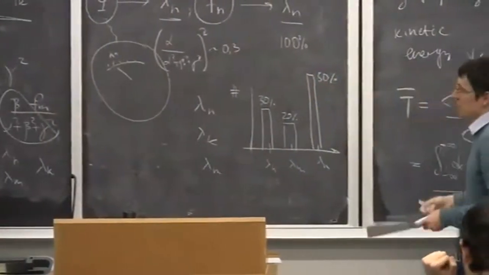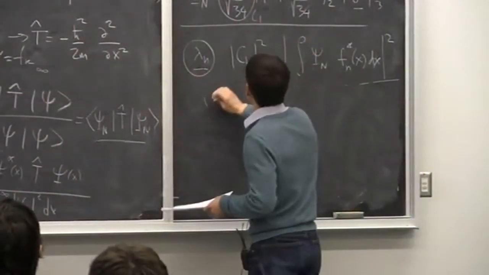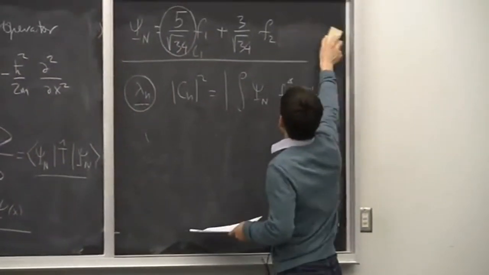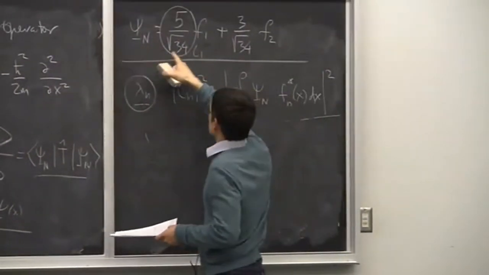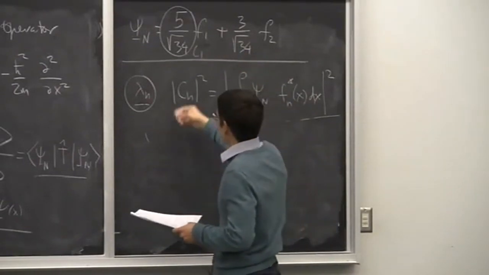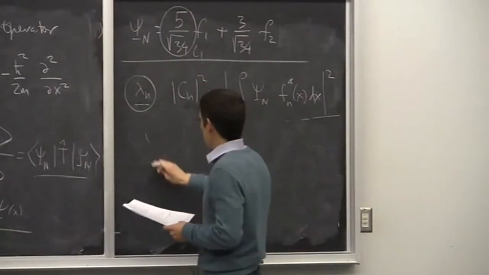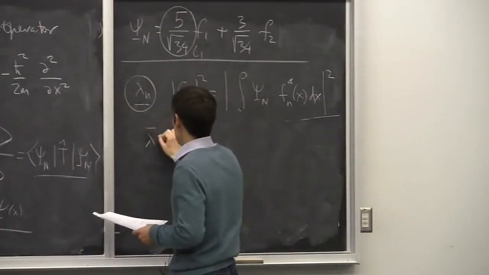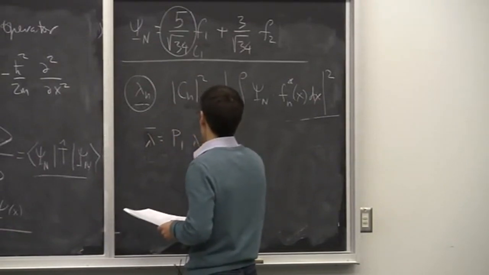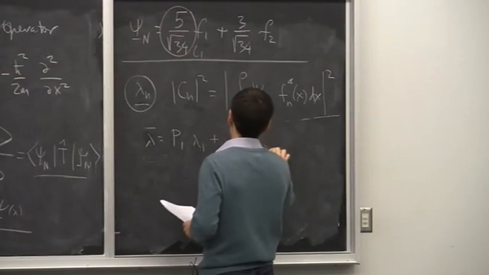Let's use a simple example. If we have a wave function which has only two components, and the probability of finding each component is given by coefficients, then the average lambda must be probability 1 times lambda 1 plus probability 2 times lambda 2, right?